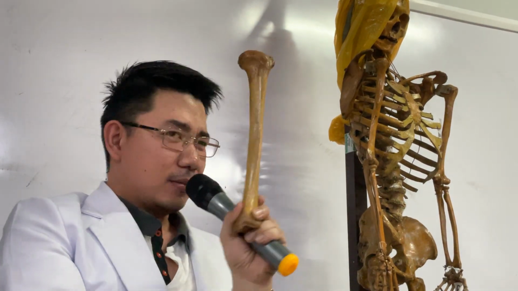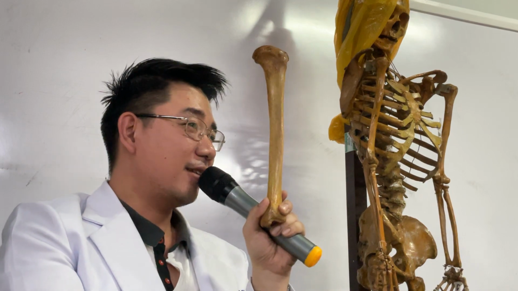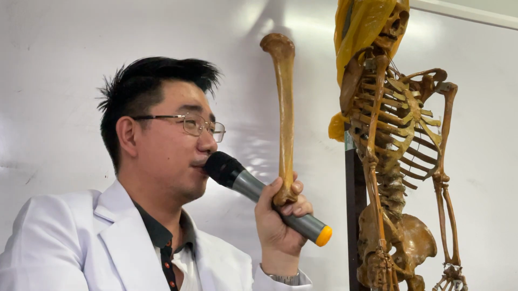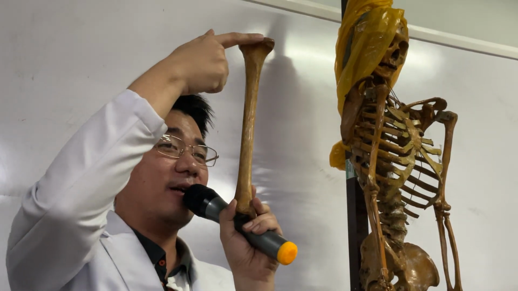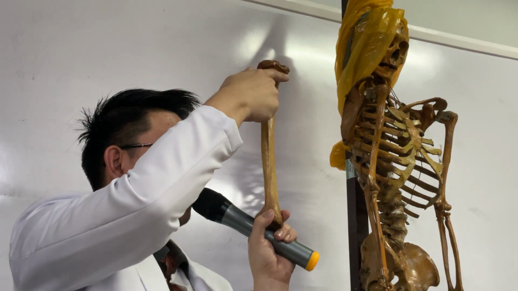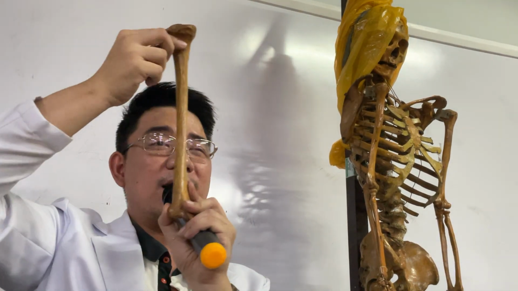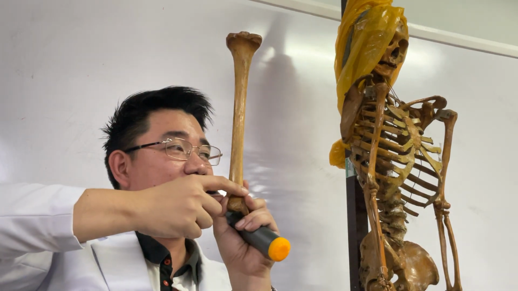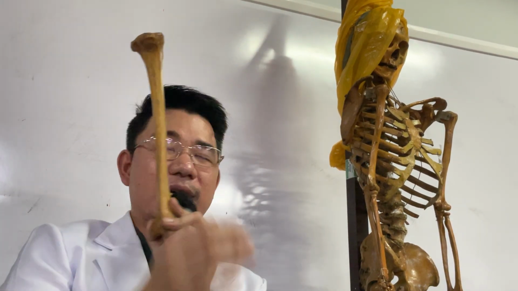I'm always emphasizing anterior and posterior views because there's a difference between the structures. At the back, there is no tuberosity, and it doesn't have a line that follows it. You see it?